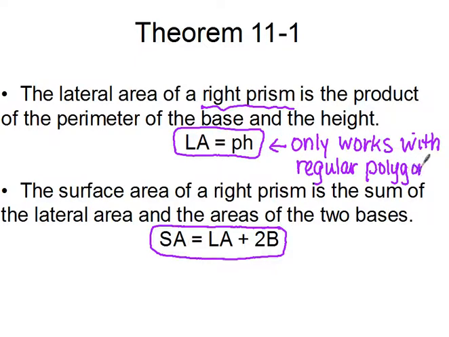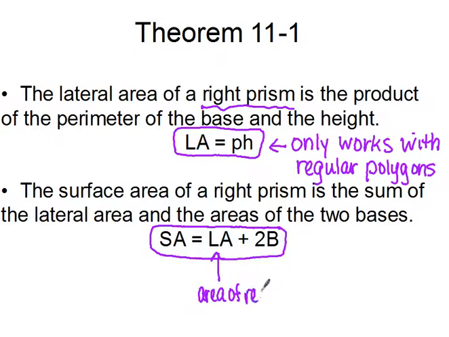That means it will not work with a trapezoid or a triangle that's not equilateral. Those kind of prisms, that PH formula won't work. So then you're stuck making this the area of all the rectangles.